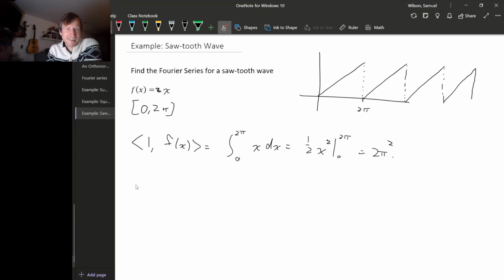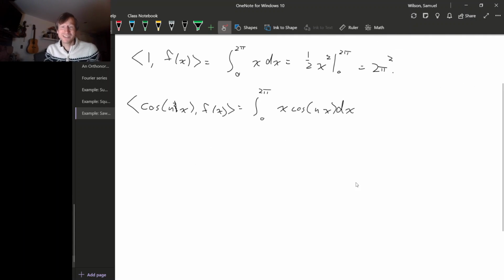Have some confidence, Sam. Okay, now let's calculate the coefficients for the cosine terms, cosine nx. Okay, so this is the integral from 0 to 2 pi of f of x, which is just x, so x cosine nx. So now we have to work out this integral, and you might remember from your calculus days how to do it.